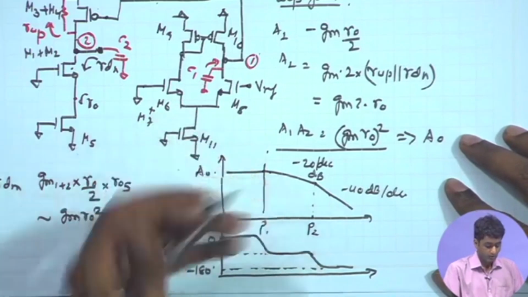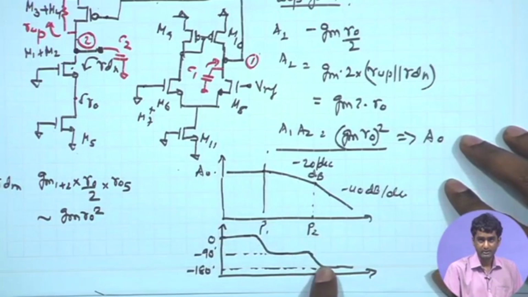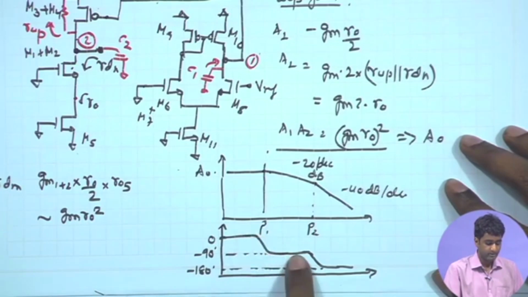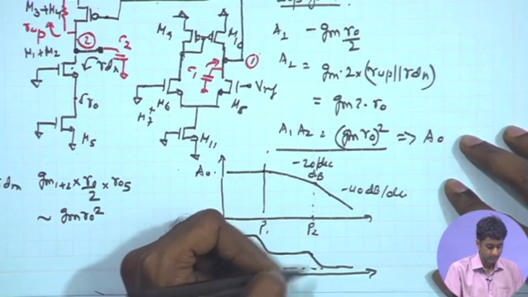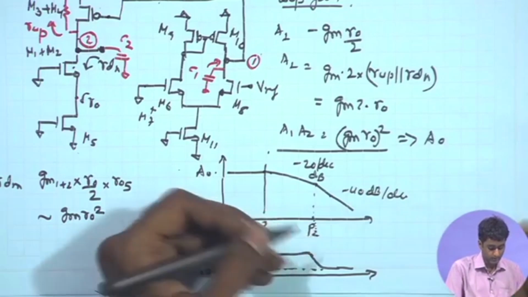Also, we know the frequency at which the phase reaches exactly 135 degree in a two pole system, that is P2. At the first pole we have exactly a phase shift of 45 degree, far away from P1 90 degree, exactly at P2 we have around 135 degree, provided the third pole is far away.